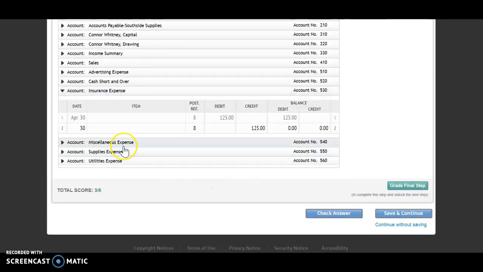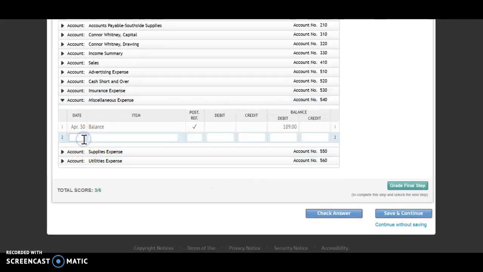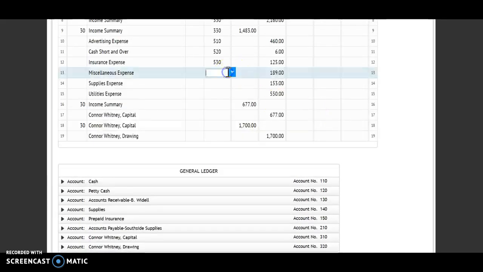Miscellaneous expense. 30th, page 8, a credit of $189, and now I have a 0 balance. Account number 540 onto my journal.